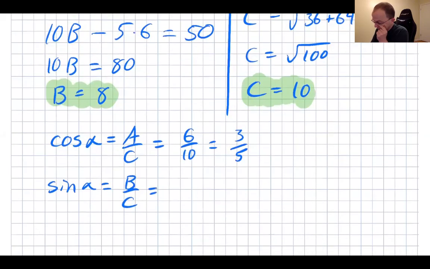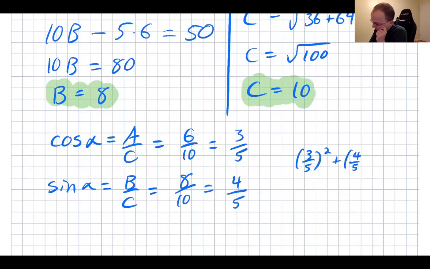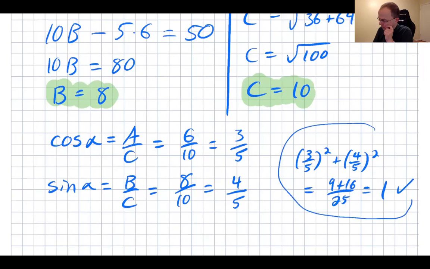And sine alpha is B over C, which is 8 over 10, and that will be 4 over 5. And I guess we could check that 3 over 5 squared plus 4 over 5 squared is equal to 9 plus 16 over 25, which is 1. So that checks out. So that's just to check that our calculation is correct. Okay, so 3 over 5 and 4 over 5.